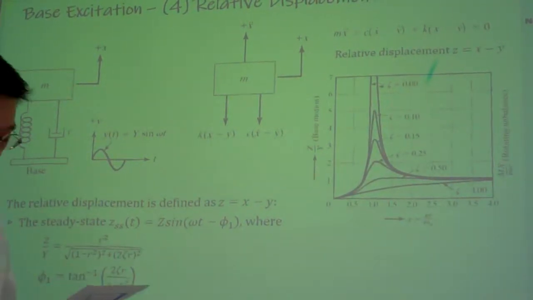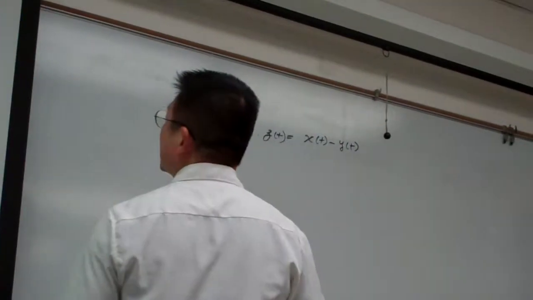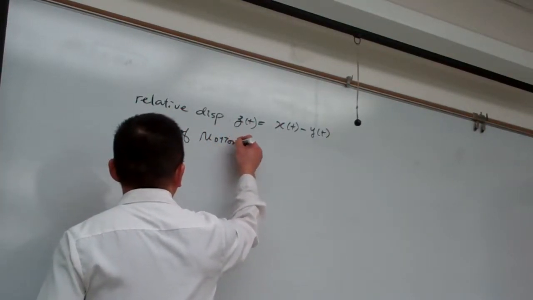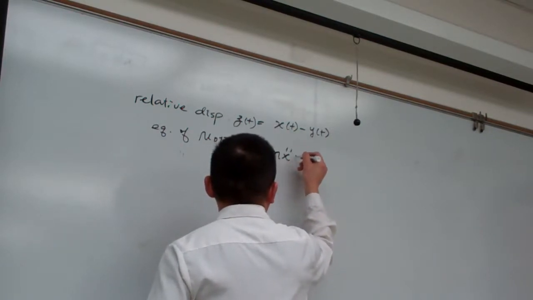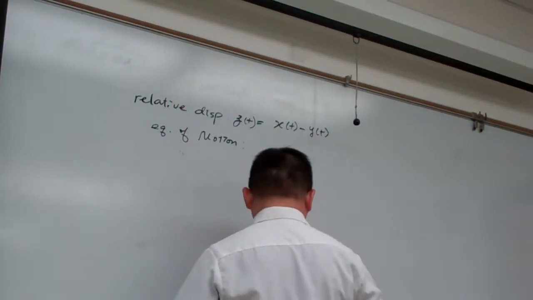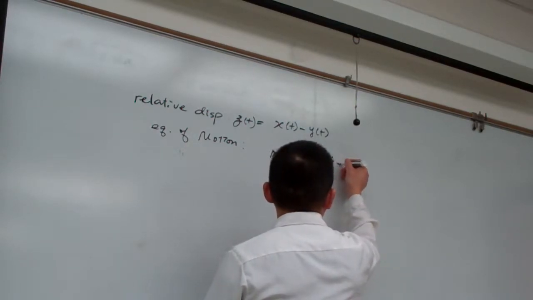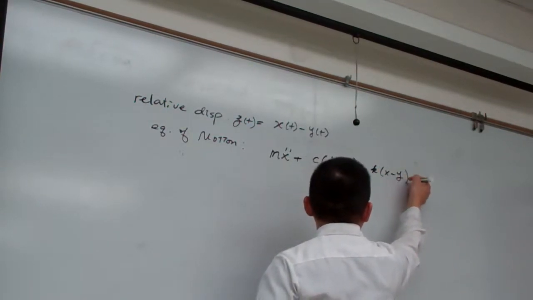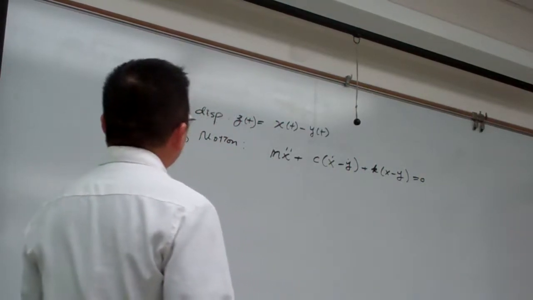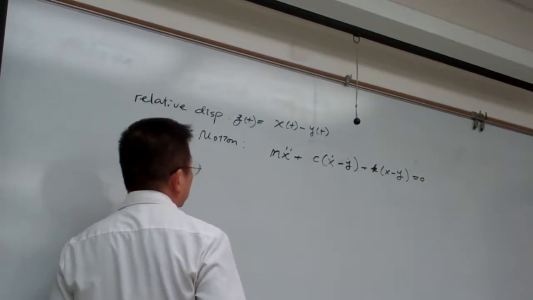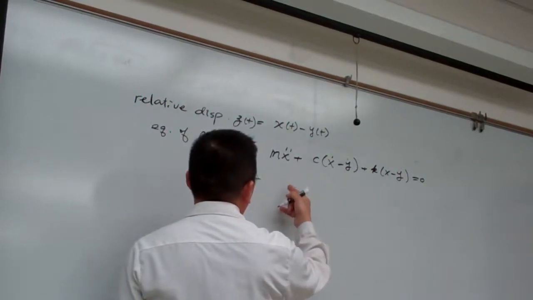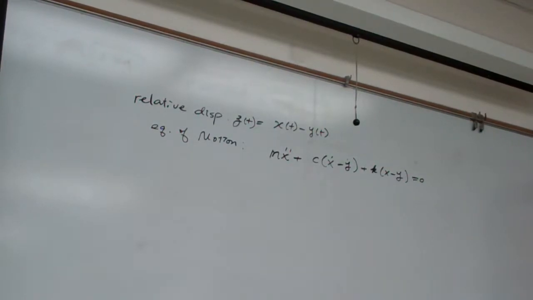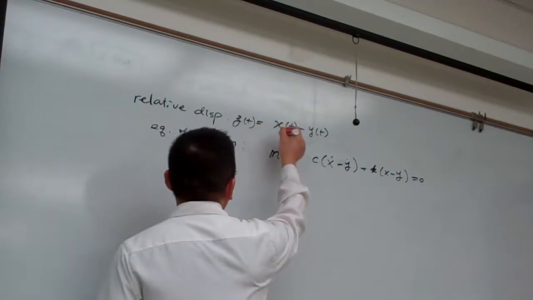Let me give you a little bit of the derivation here. From our equation of motion, m x double dot plus c (x dot minus y dot) plus k (x minus y) equals 0. We modify the equation of motion because I want to come up with these terms.